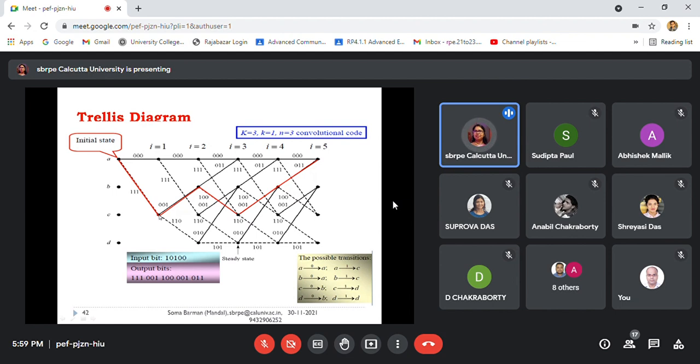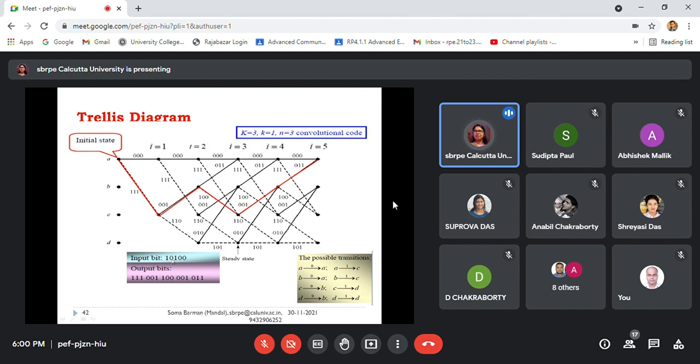In the B node there are 2 paths given by the black line. One is the upper solid line, another is the dash line. Out of this solid and dash line, which path will we choose? That depends on which bit is coming.